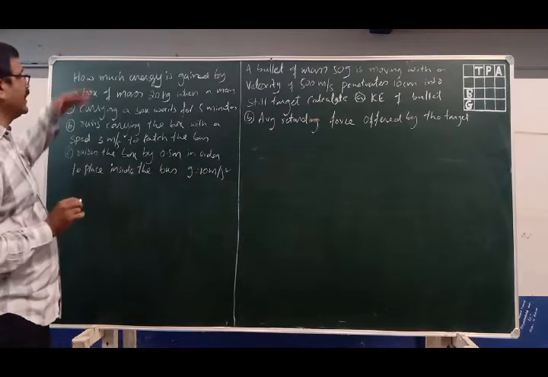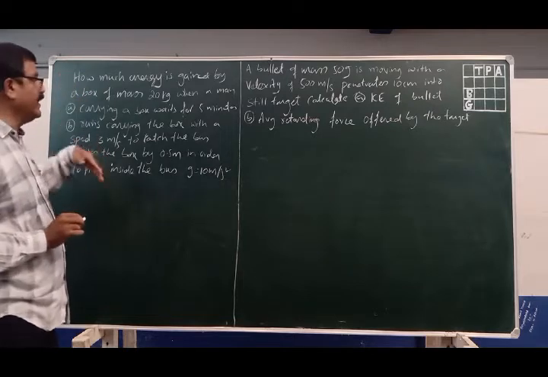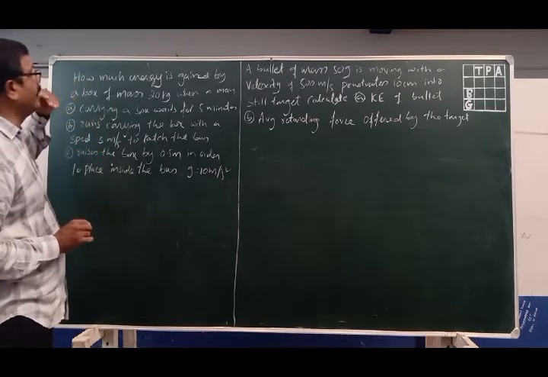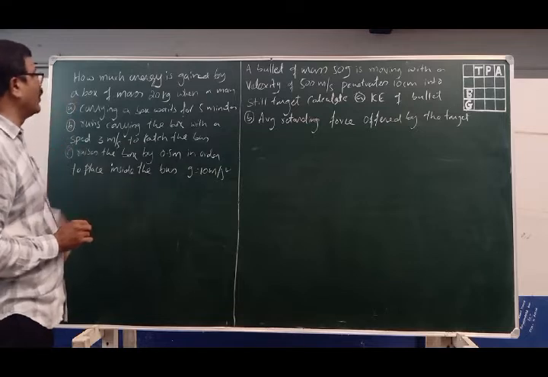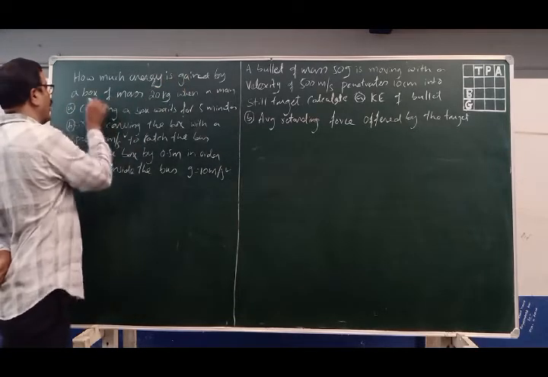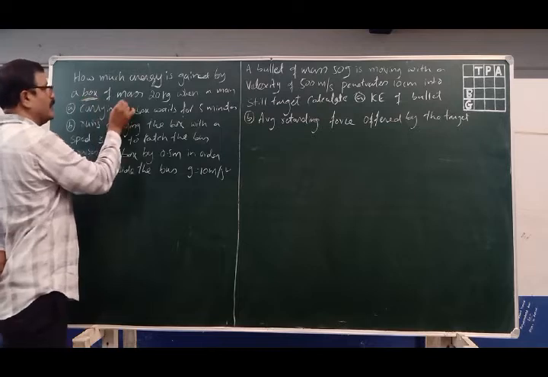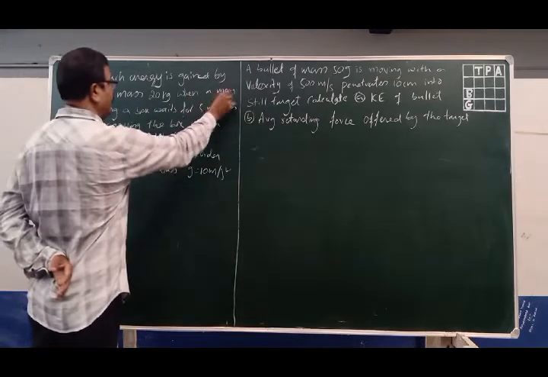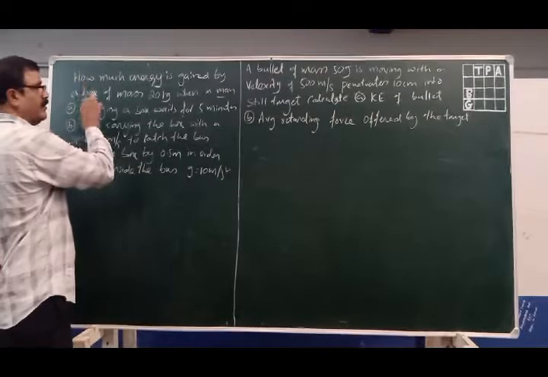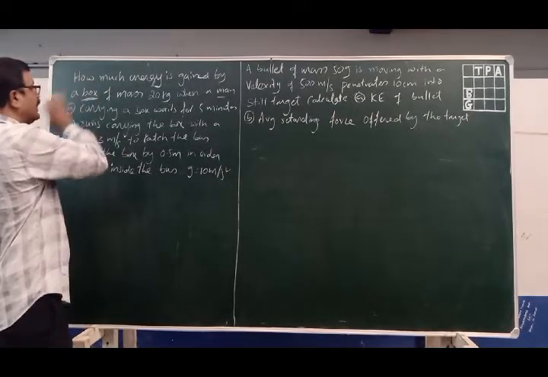Now he has given us 3 conditions here. He is asking us to calculate the energy gained by the box. So the energy gained by the box should be equal to the work done by the man. Whatever work is done on the box will be stored as energy.